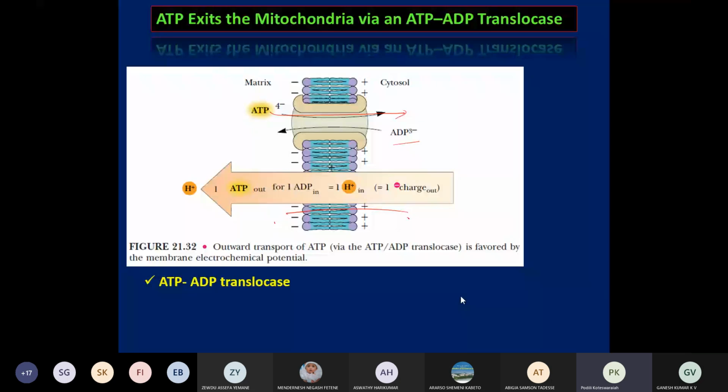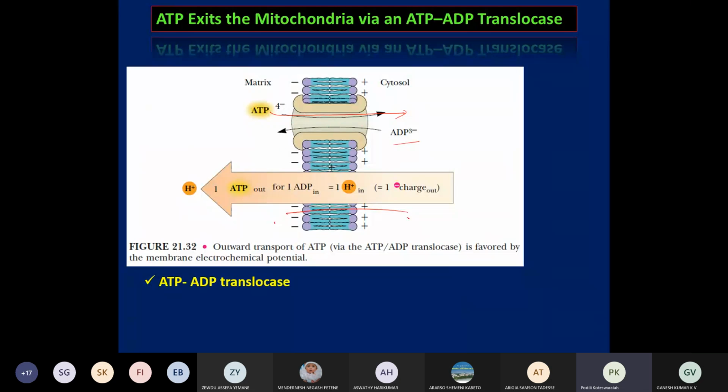Once the ATP is formed, it has to leave the matrix, because ATP is also used in the cytosol for various metabolic processes. To transport the ATP, the mitochondrial membrane has the ATP-ADP translocase, which is an antiporter. It translocates ATP and ADP in opposite directions.